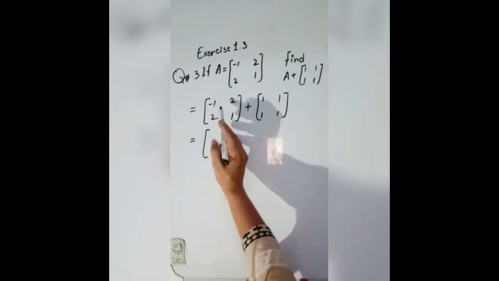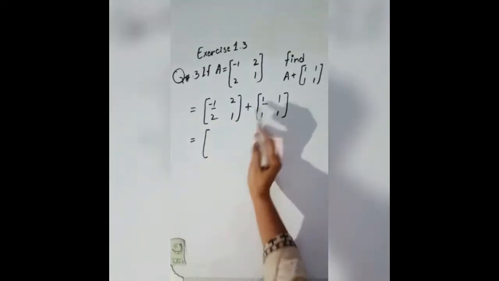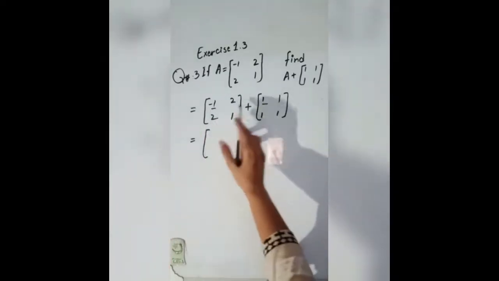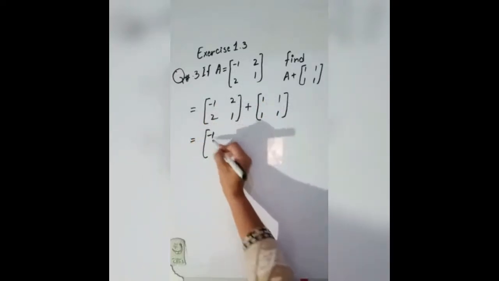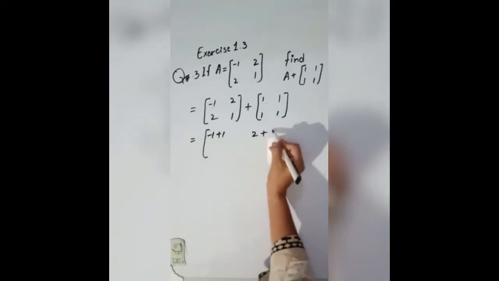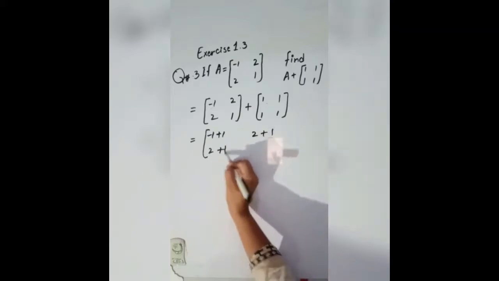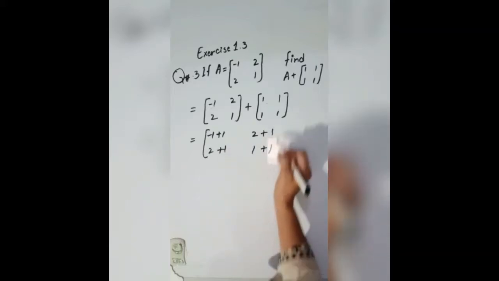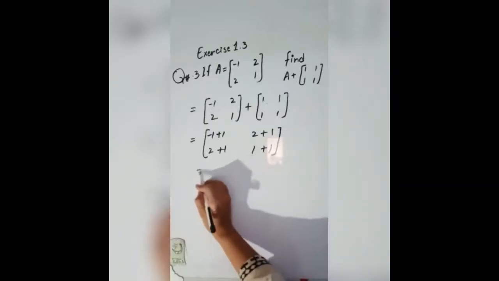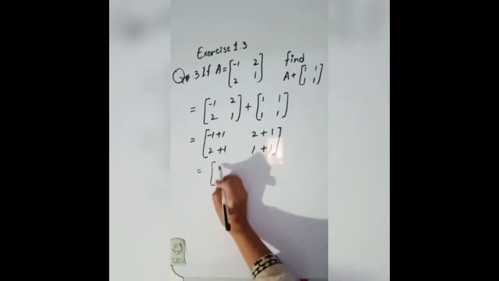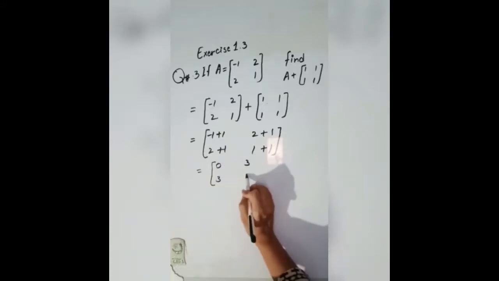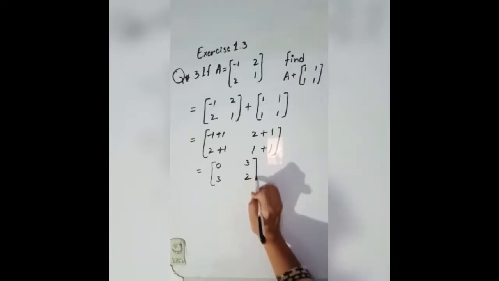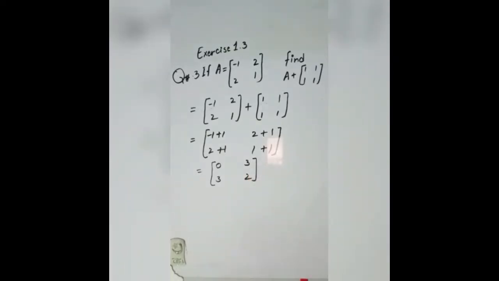What are corresponding entries? This one and this one are corresponding entries, respectively all others. So add these entries: -1 plus 1 is 0, 2 plus 1 is 3, 2 plus 1 is 3 and 1 plus 1 is 2. In this way we can solve this type of questions.